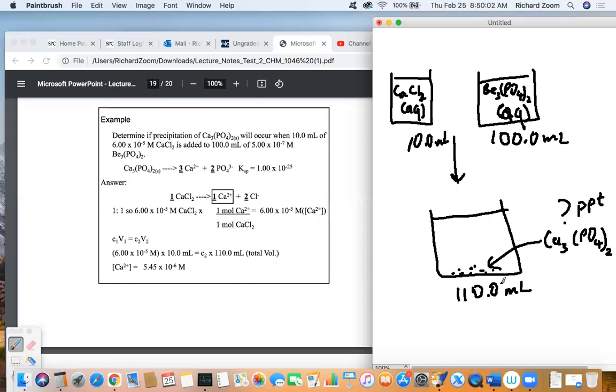So that means we're going to have to calculate Q, which is going to be the concentration of Ca2+ cubed times PO43- squared. Does anybody have any questions?